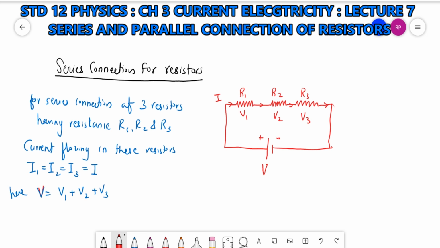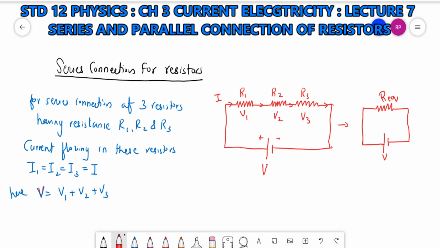Now, if I convert this circuit to equivalent resistance, let's say in this way. What I did, I converted this circuit where this is R equivalent. This is the equivalent resistance of the combination of all these three. Now we have the formula V equal to V1 plus V2 plus V3.